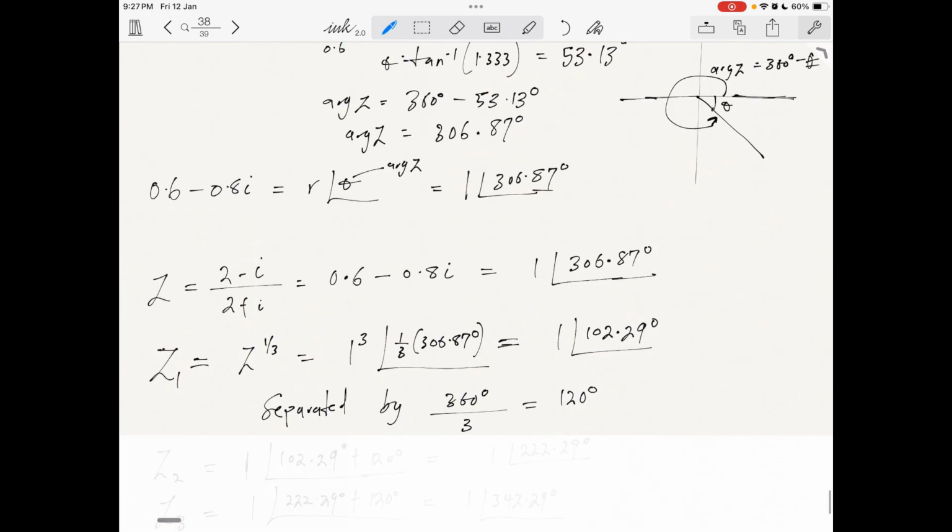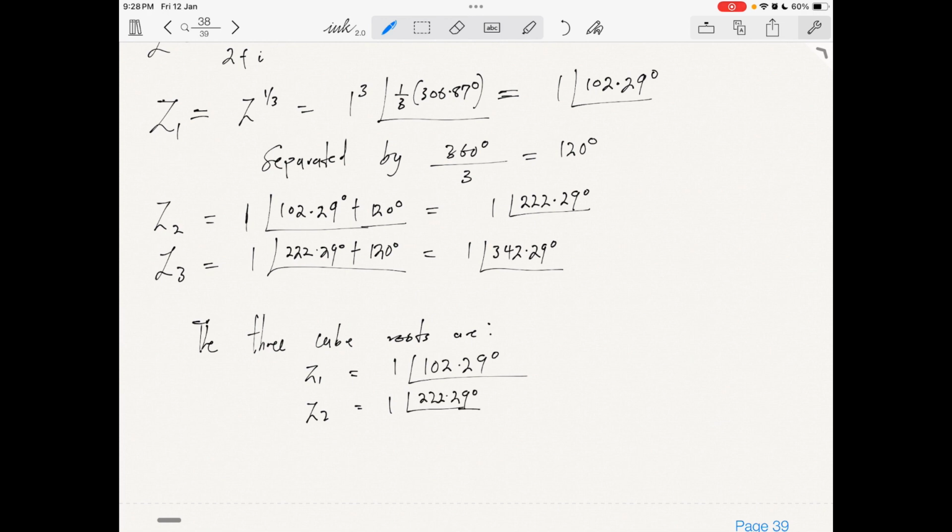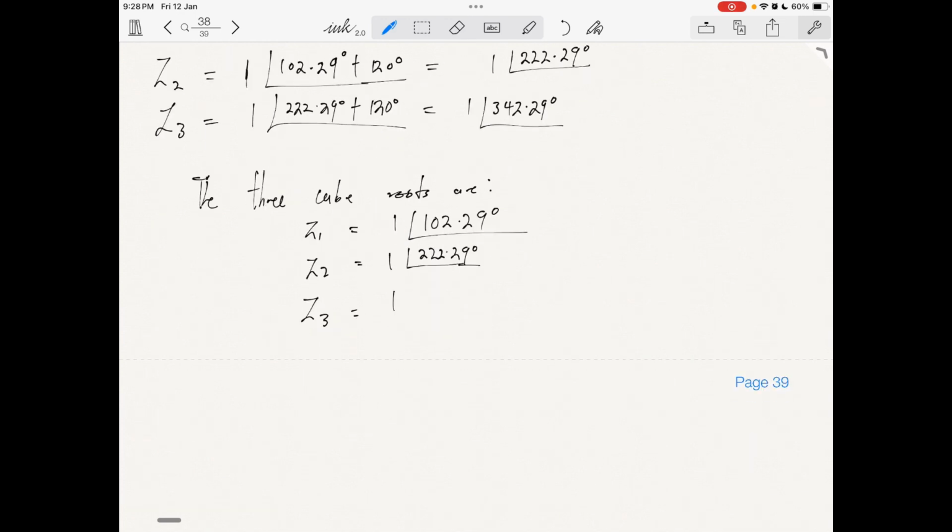Now the 3 cube roots are z1, which is 1 argument 102.29 degrees, z2, which is 1 argument 222.29 degrees, and z3, which is 1 argument 342.29 degrees.